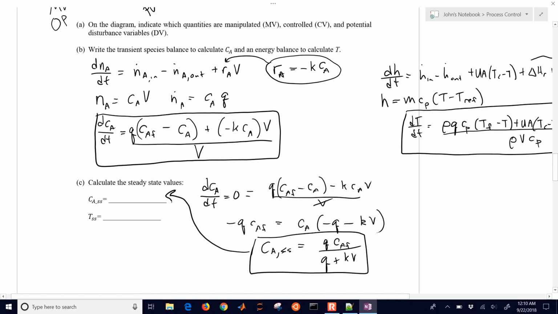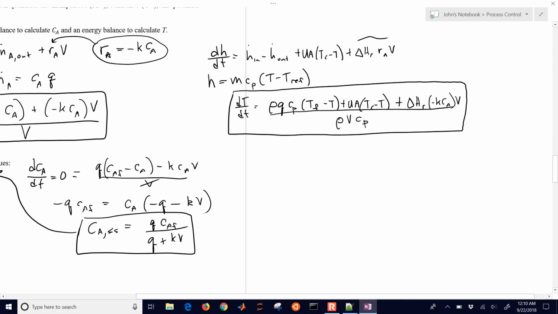Now let's do it for the temperature as well. So in this case, I just set the derivative equal to 0. This denominator term is just going to go away. And let's solve for temperature. Okay, so I'm going to move everything that's not temperature onto the other side. There's a feed.